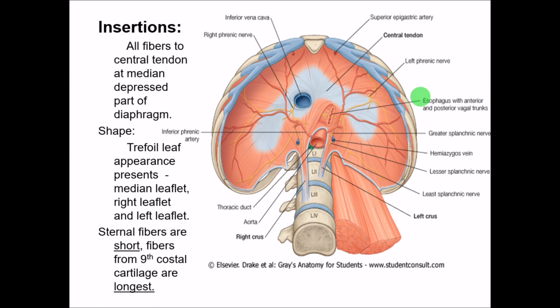Now coming to the insertion of this muscle. So this was all the origin of this muscle. Now all the fibers from all these areas, from the sternum, the costal cartilage, the ribs as well as the vertebrae, go toward the center near the dome. All fibers go to the central tendon at the median depression part of the diaphragm.